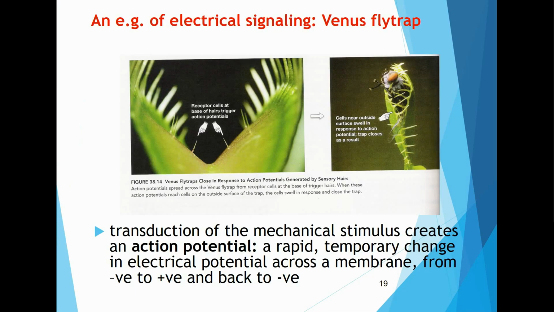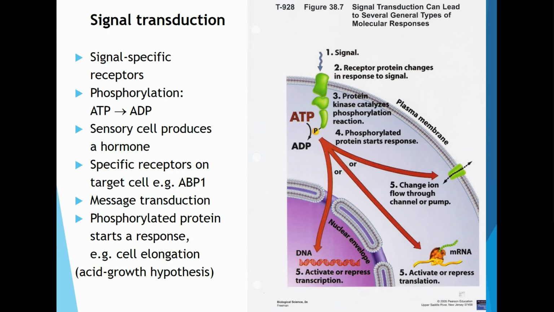Do understand this graph, this diagram. Understand that it's signal specific receptors. We get transduction, and we can go into three areas.